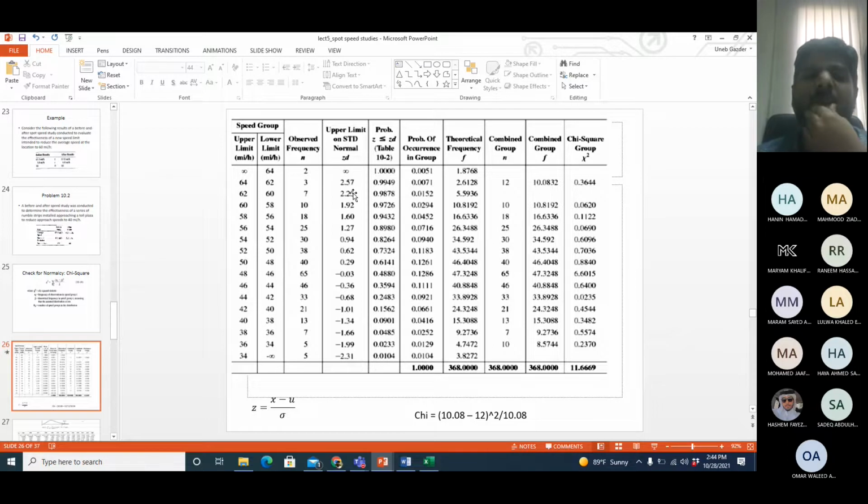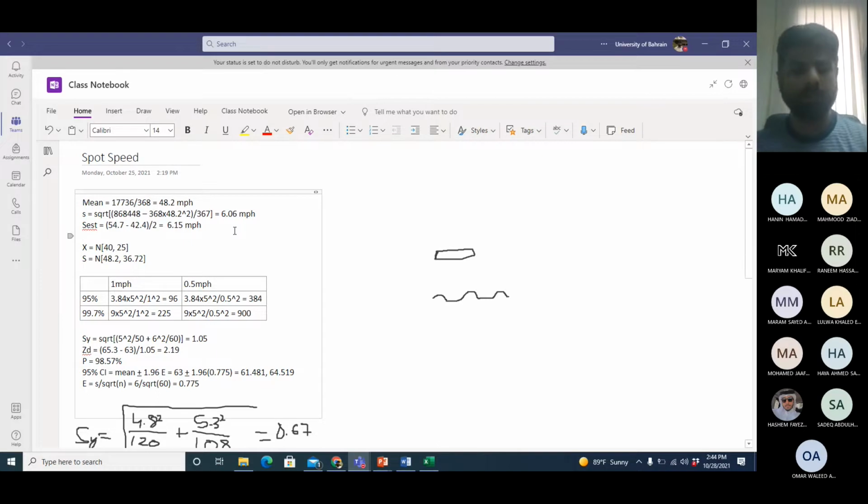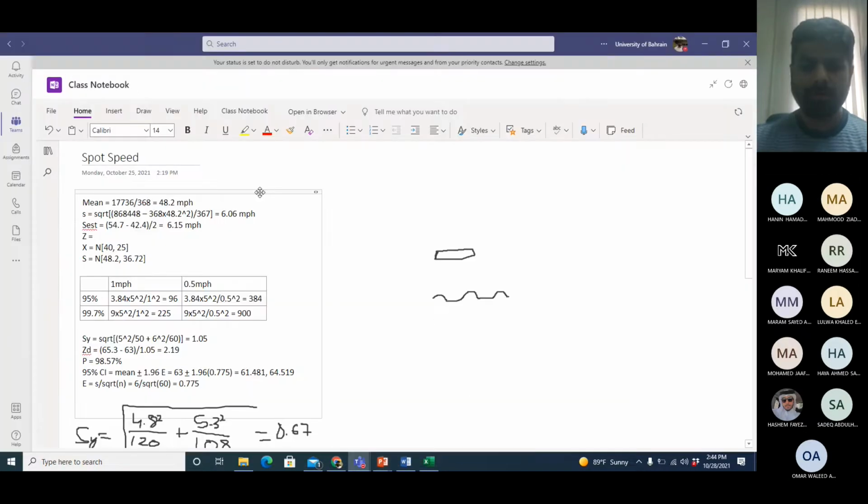Second group, how did I get 2.57? Let me show it here. The z value: x, the upper limit, 64. 64 minus the mean, which is 48.2, divided by the standard deviation, which is 6.06.